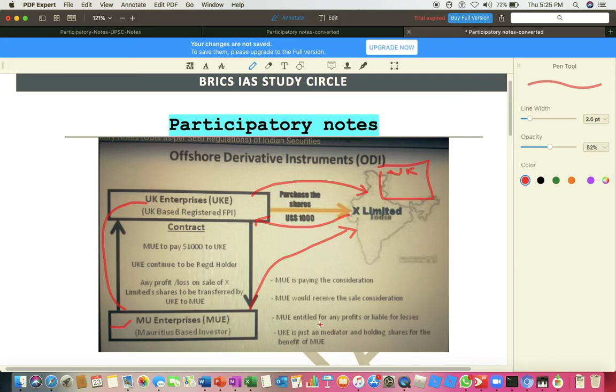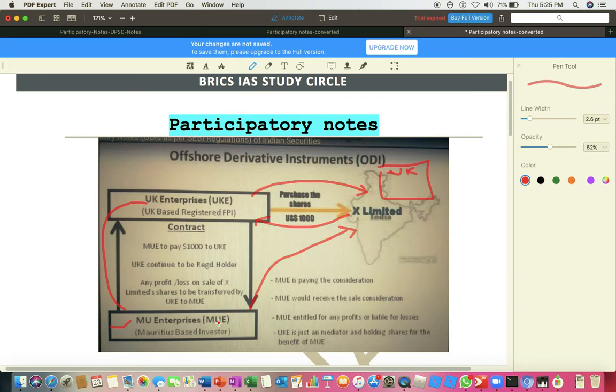MU Enterprise is entitled to any profit or liability. So if UK Enterprise has sold the shares of this $1,000 over a period of time, whatever profit will be transferred, and whatever loss has to be borne by MU Enterprise. And UK Enterprise is just a mediator, holding shares for the benefit of whom? MU Enterprise. The contract made between UK Enterprise and MU Enterprise is basically a participatory note.